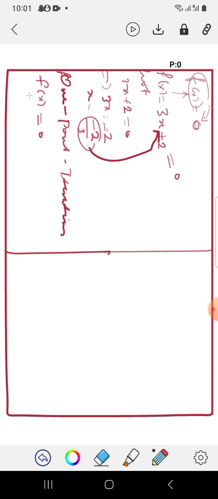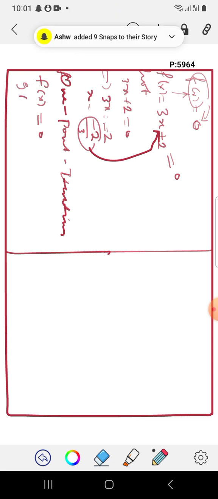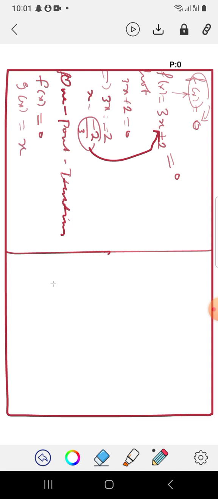So what you do is that you create a g of x, and equate it to x. Okay, well, that doesn't make sense now.